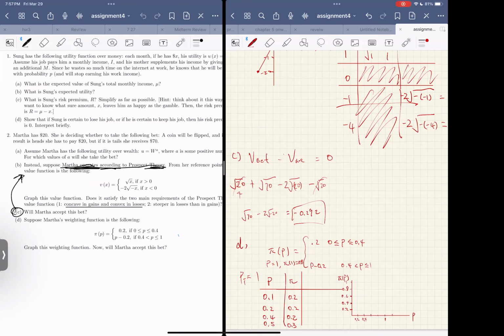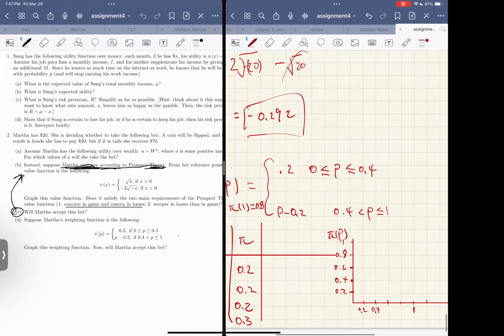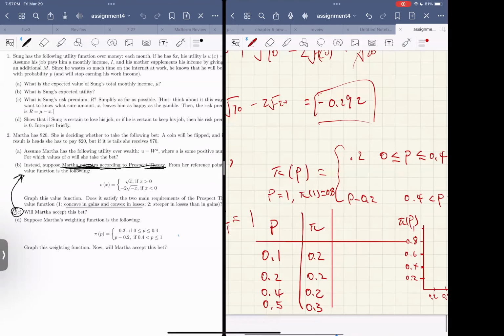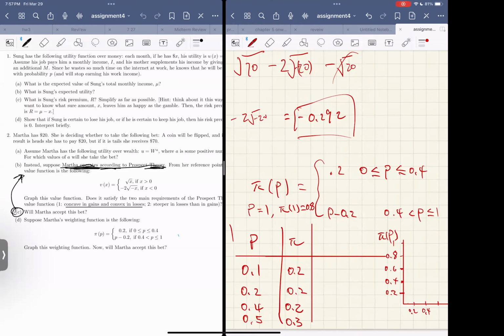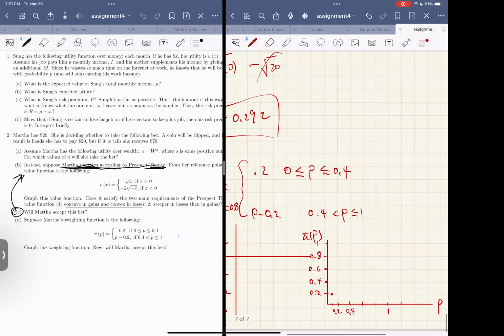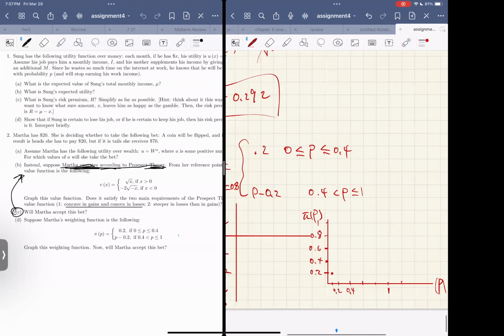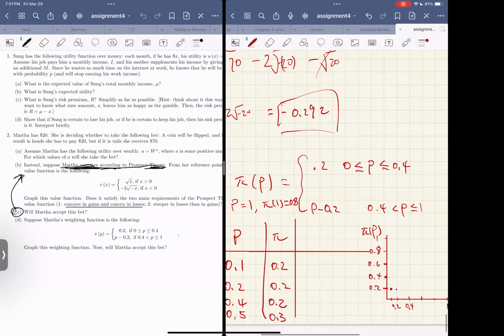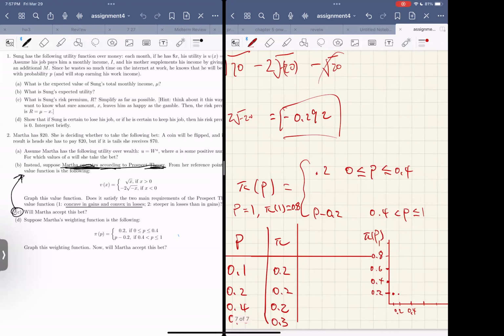You get a juice. Okay, so let's plug. So if p equals 0.1, it's 0.2, right? This is p. X-axis is p. So if it's 0.2, it's still 0.2. If it's 0.4, still 0.2.